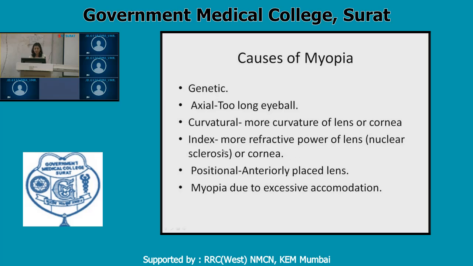There can be nuclear sclerosis, or hardening of the lens at the center, or hardening of the corneal surface, which leads to an increase in refractive power, and the light rays coming from a distant object will be focused in front of the retina. Or it can be positional myopia, in which the lens is congenitally placed anteriorly. It is not at its proper position, and that leads to positional myopia, and the image will be formed in front of the retina.